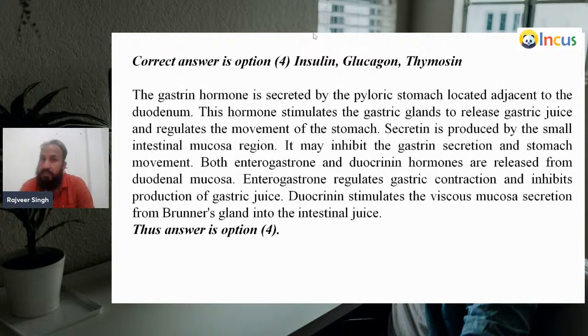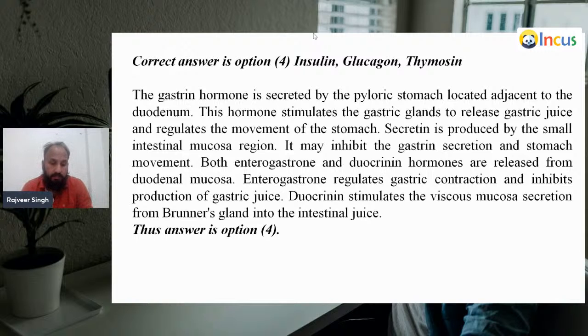This hormone stimulates the gastric glands to release gastric juice and regulate the movements of the stomach. Secretin is produced by the small intestinal mucosa region. It may inhibit gastrin secretion and stomach movements. Both enterogastrone and duocrinin hormones are released from the duodenal mucosa. Enterogastrone regulates gastric contraction and inhibits production of gastric juice.